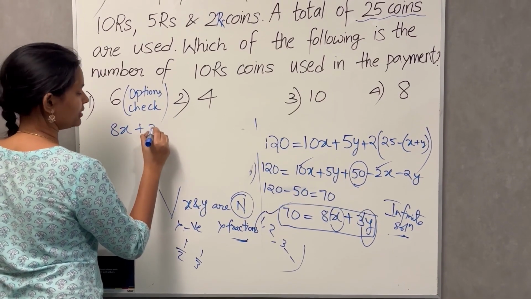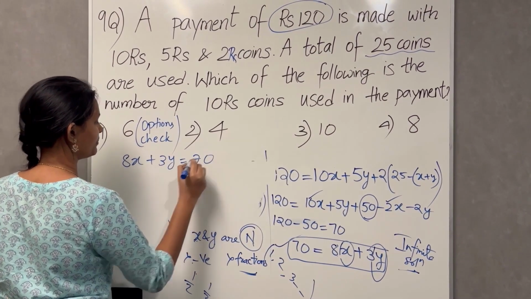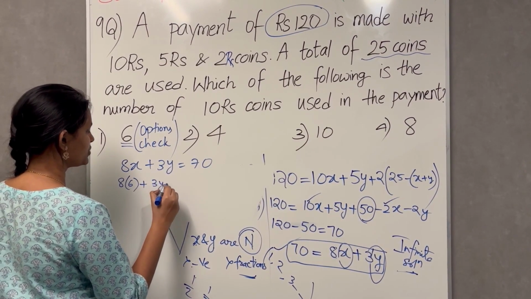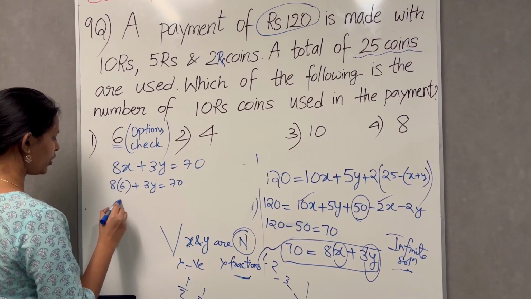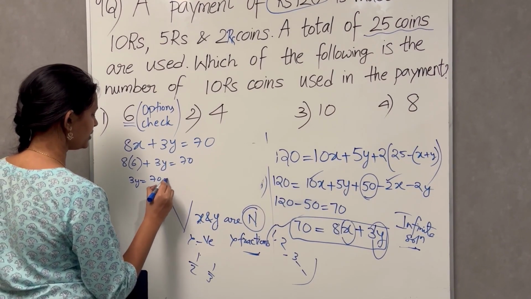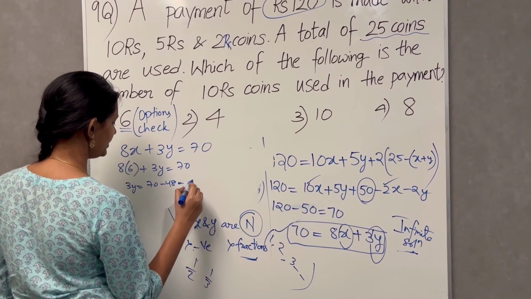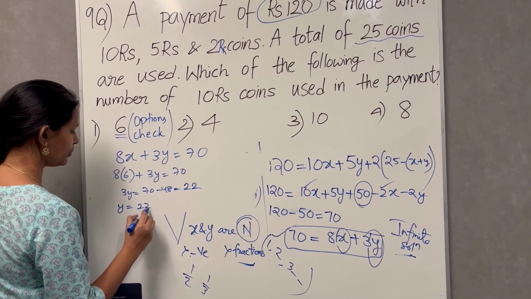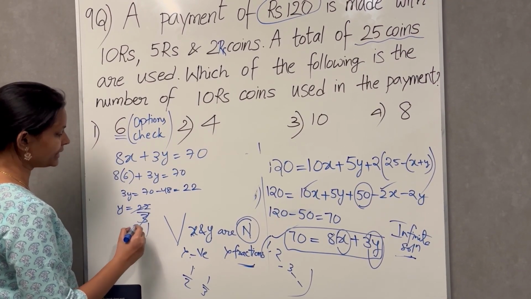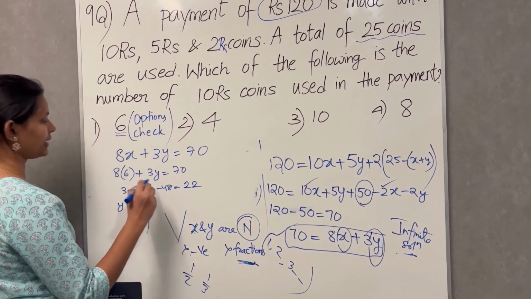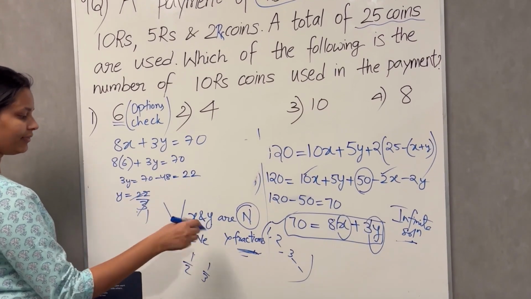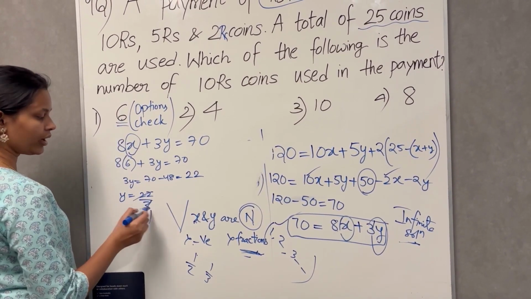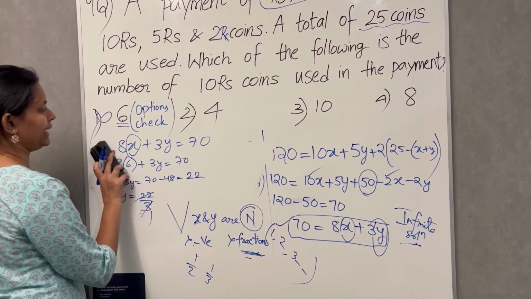So 8x plus 3y equals 70. Taking x as 6, 8 into 6 plus 3y equals 70. That is 48, so 70 minus 48 is 22. So y is 22 by 3. It cannot be cancelled, it is a fraction, and it cannot be a fraction value. If we take x as 6, y is a fraction, so this option can be eliminated.